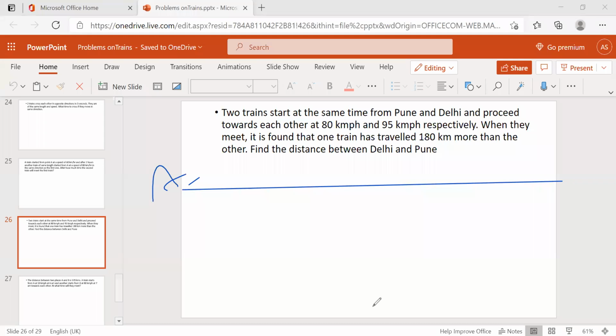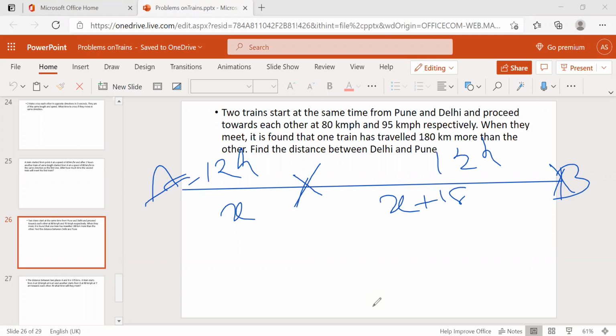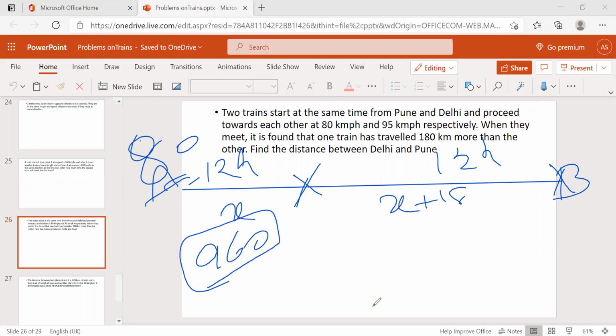So A starts, here it meets after 12 hours, and B travels x plus 180. This train also travels 12 hours and that train also travels 12 hours, right? 12 hours at a speed of 80 is 960 kilometers, that is x, and this one is nothing but 960 plus 180.